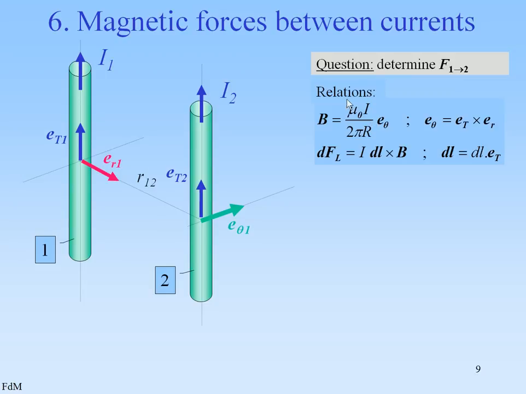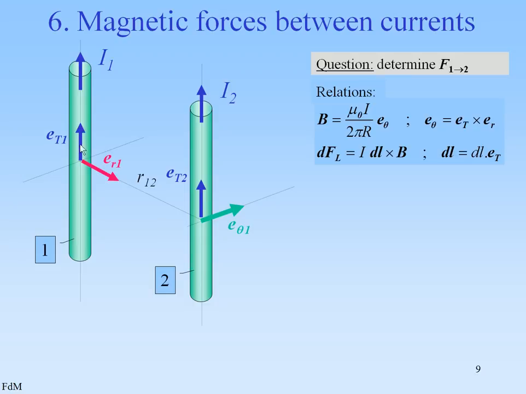The relations we have are for the magnetic field of a current, in which e_theta, the tangential vector, is equal to the vector product of e_t along the current times e_r, and e_r is the vector to the point of interest. And dF is I dl times B, in which dl is the scalar dl times the unit vector along the current.